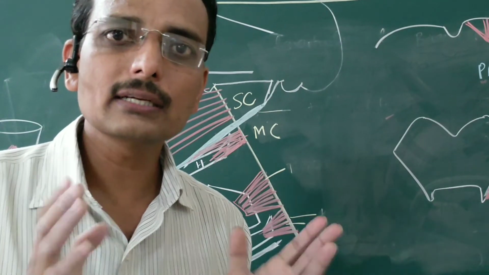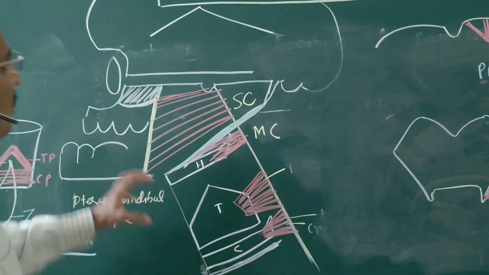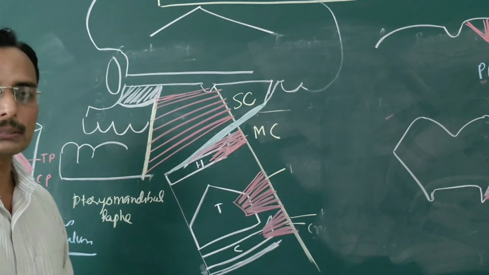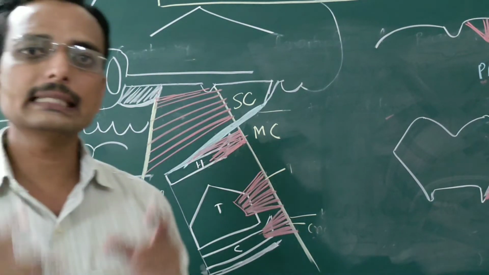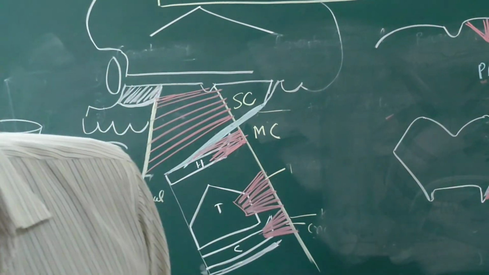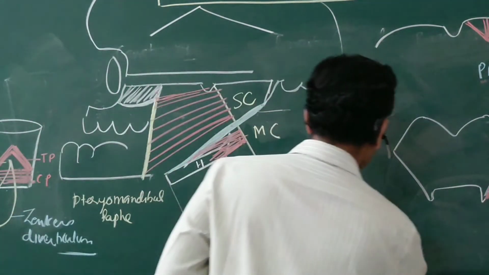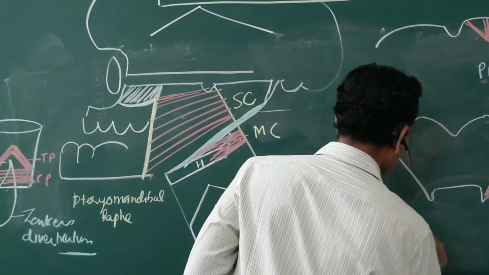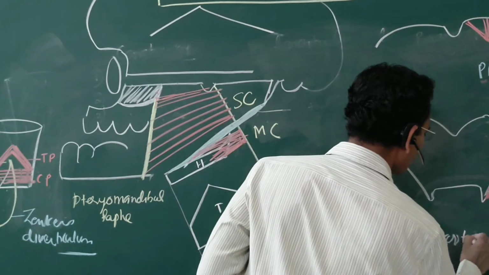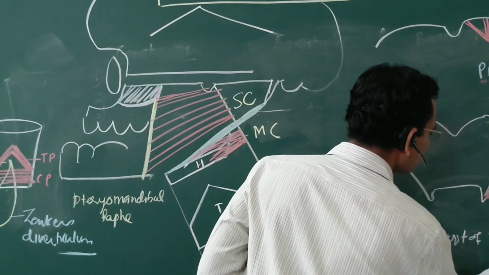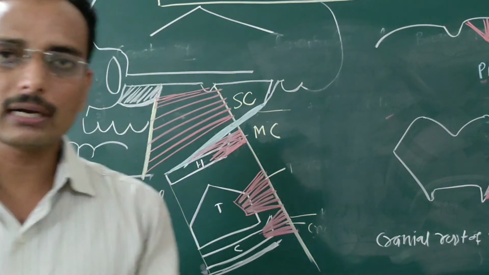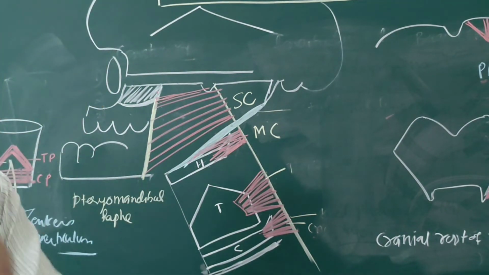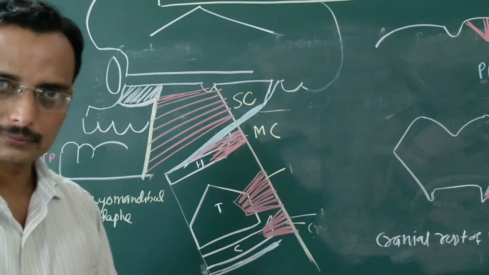Do you know the nerve supply of these muscles? All the muscles of the pharynx are supplied by the cranial root of the accessory nerve, through the pharyngeal branch of the vagus and the pharyngeal plexus.